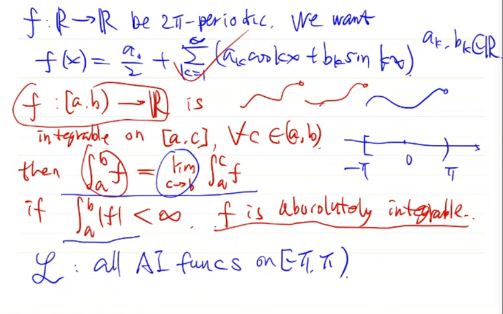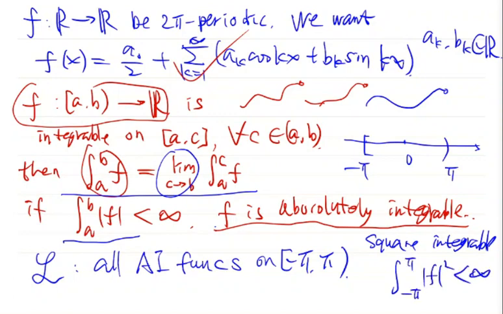And sometimes we also consider functions which are square integrable. That is, the integral from minus pi to pi of f squared is finite. That is, after taking the square, the function is integrable.